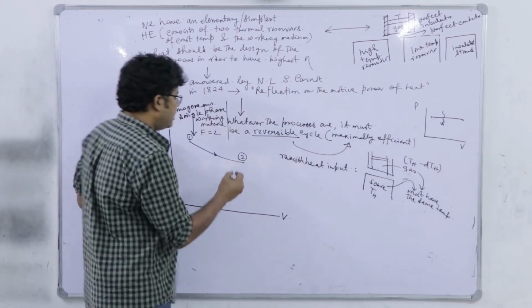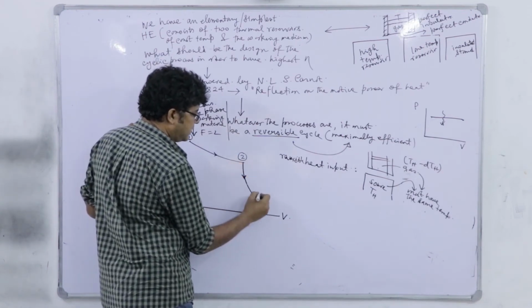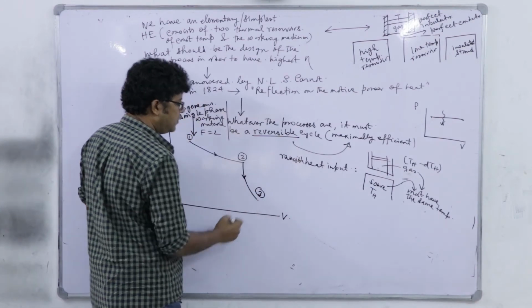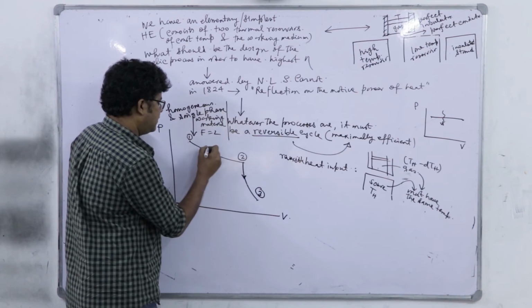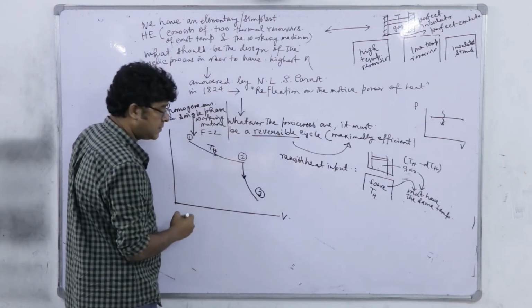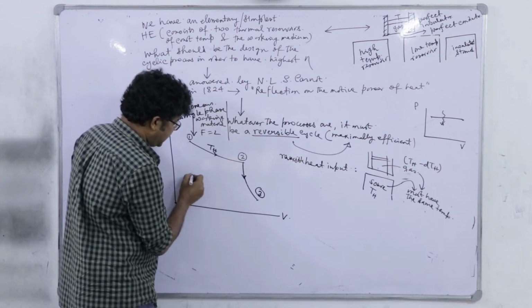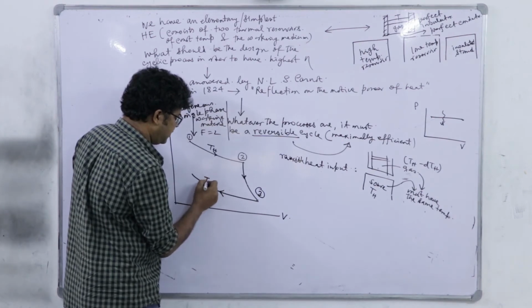Okay? So the next step is adiabatic expansion to the state 3, where the temperature, here the temperature is Th throughout the process. Here the temperature will be Tc, right? So here we can implement this reversible heat rejection at Tc.